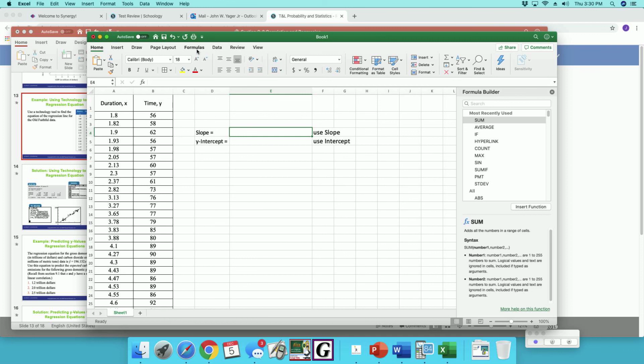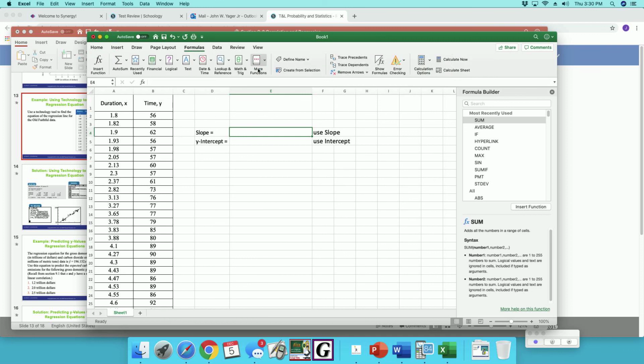So you go up to formula. I have an Apple. So my Microsoft Apple product has the function under more functions. I do not know right off the top of my head where you find it on a PC version of Microsoft Word.